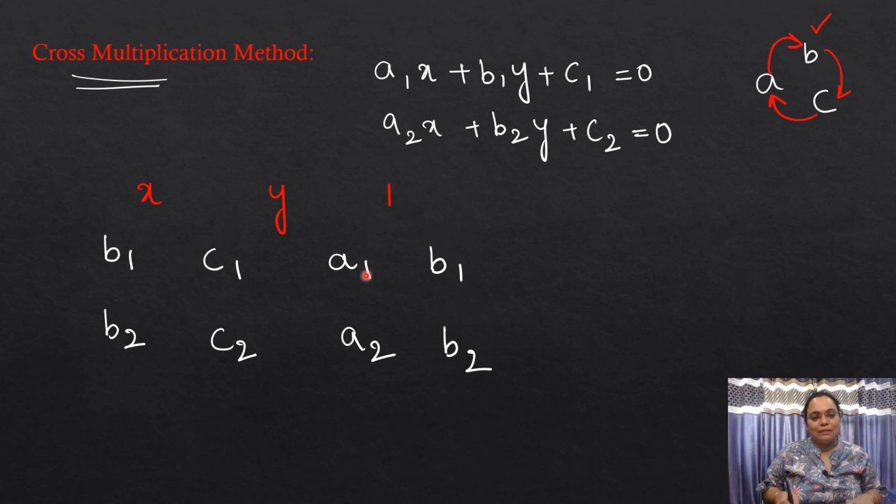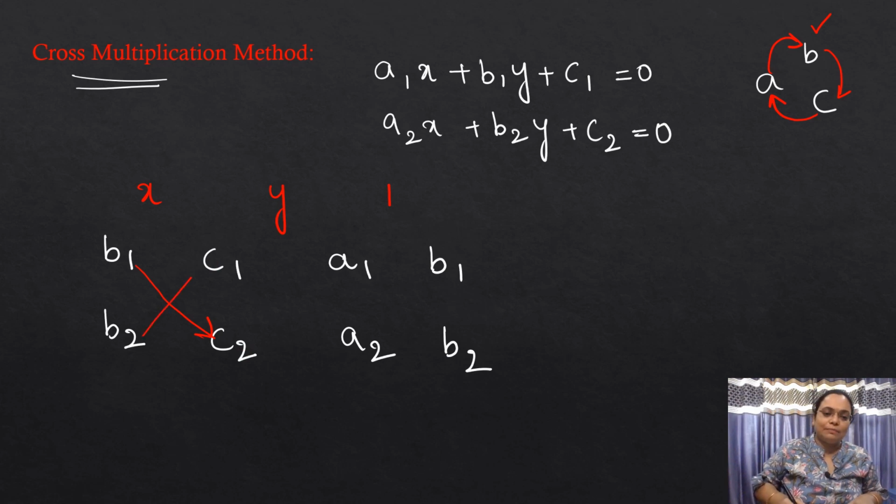You will do cross multiplications. How will you do cross multiplication? You will start with B1. B1 you will cross multiply with C2, and you will cross multiply B2 with C1.